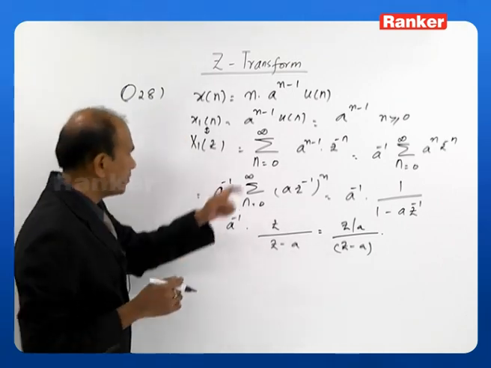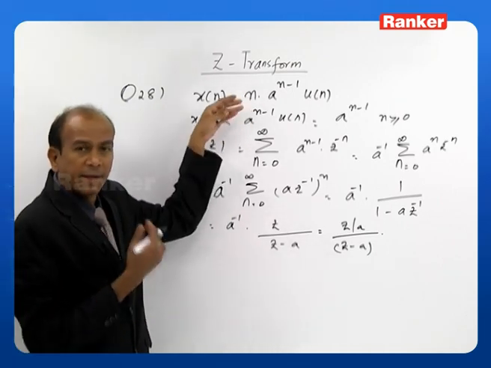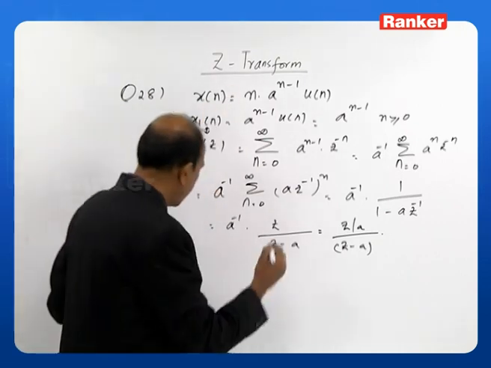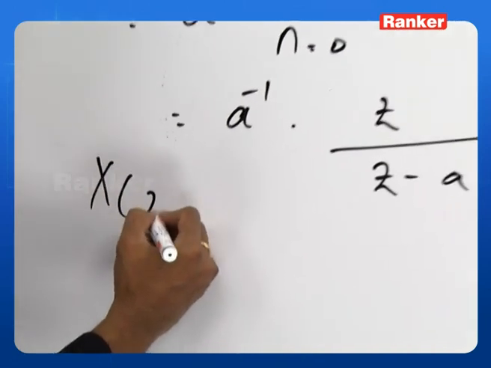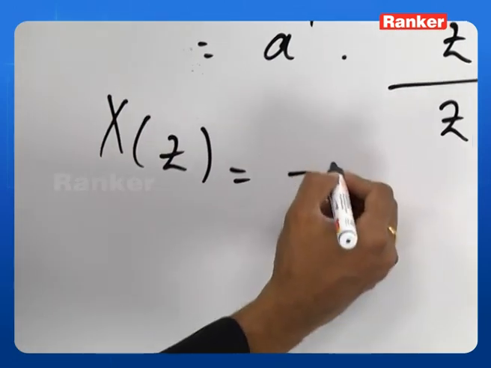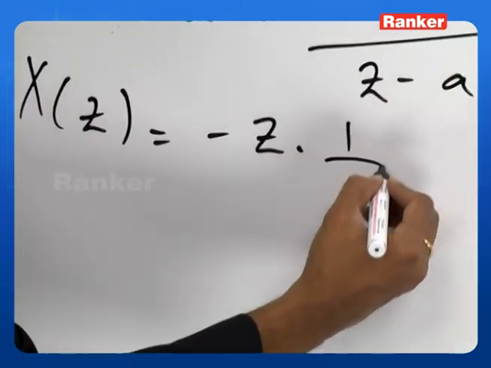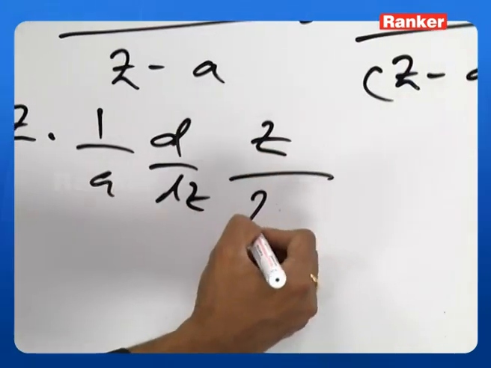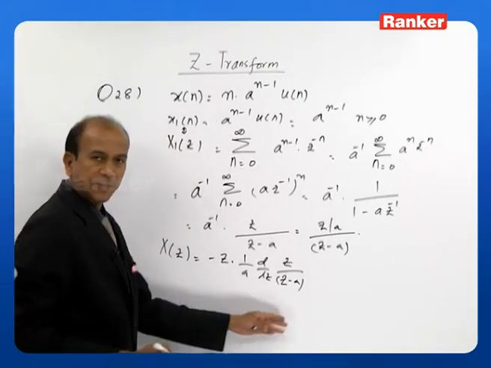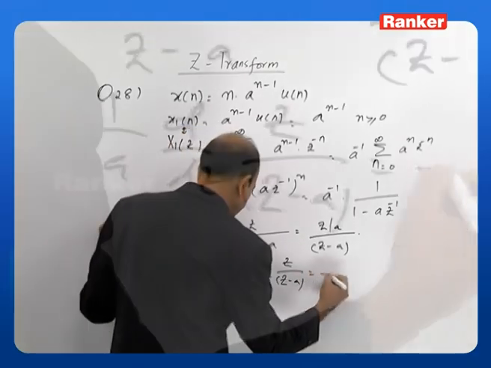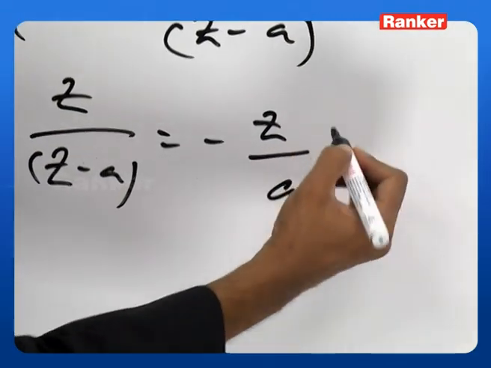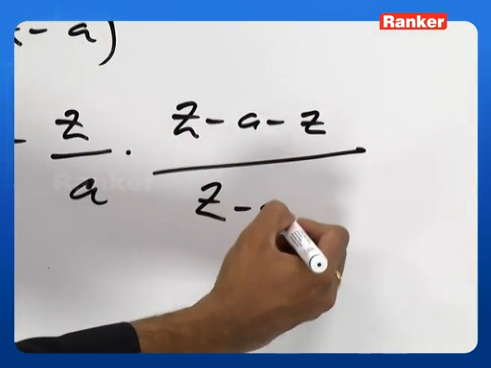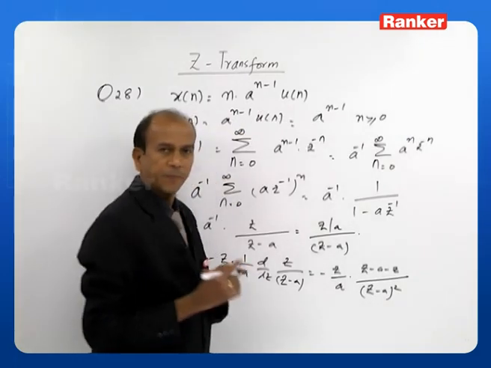Now I have to multiply this by n in time domain. So in z transform this will be equal to differentiation. So I can write down that, okay, x of z is equal to minus z into 1 by a d by dz of z by z minus a. Okay, so that will be equal to minus z by a into z minus a minus z by z minus a whole square.